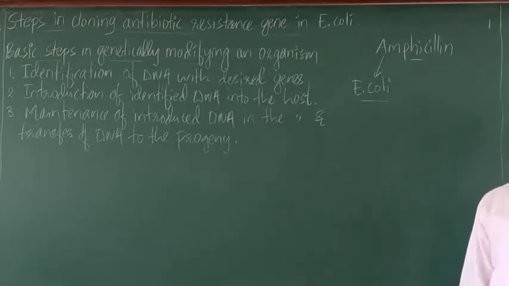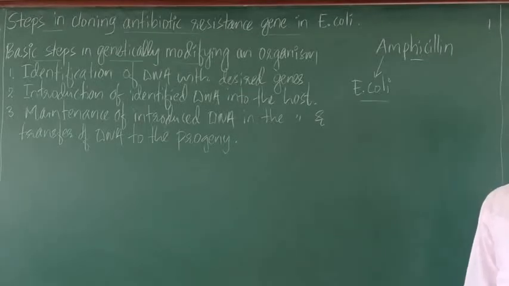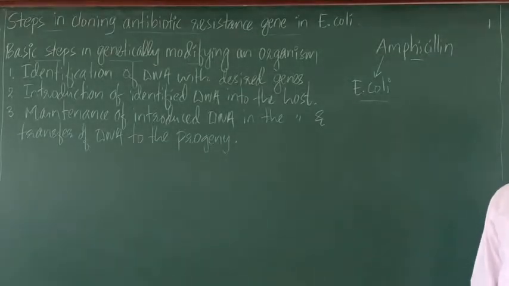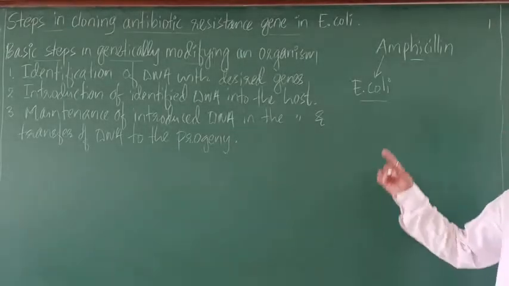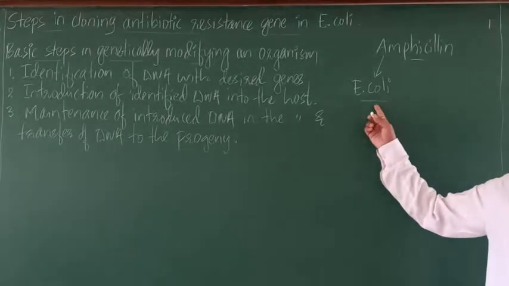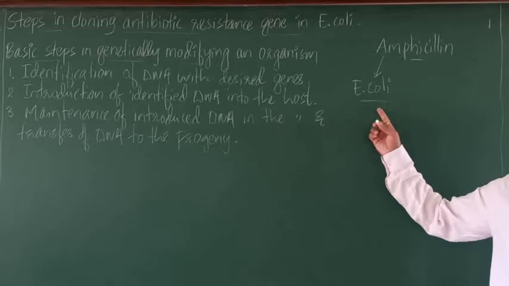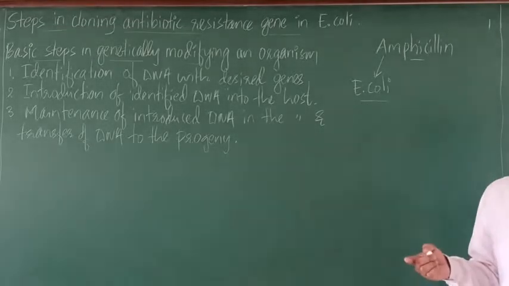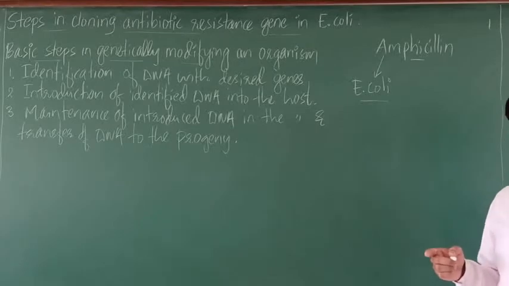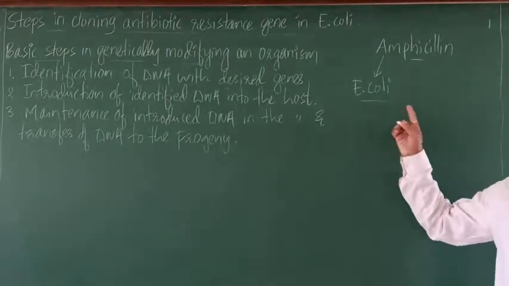Because of this, the gene is called antibiotic resistance gene, means it provides resistance to antibiotics, right? So this antibiotic now cannot kill the E. coli, right? Such a gene is called antibiotic resistance gene, the gene that provides resistance to antibiotics in case of E. coli.